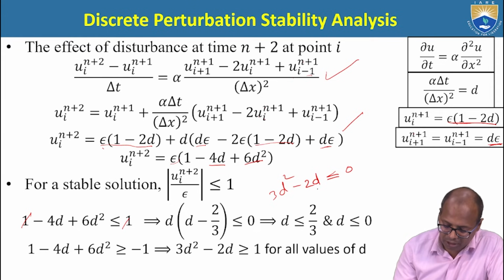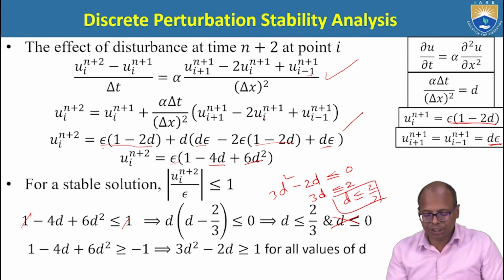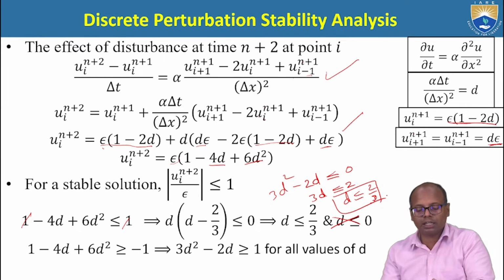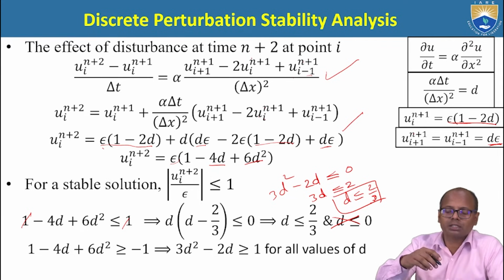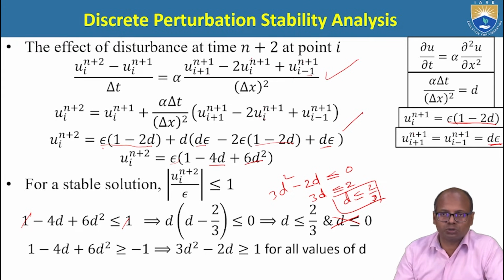Now, d is always positive, so if d is always positive, it will be 3d less than or equal to 2, so d is less than or equal to 2 by 3. So this is the condition that we are getting. So the d value must be less than or equal to 2 by 3 for this equation to be stable. At which location did we get this? We got it at n plus 2. At n plus 1, d must be less than or equal to 1.